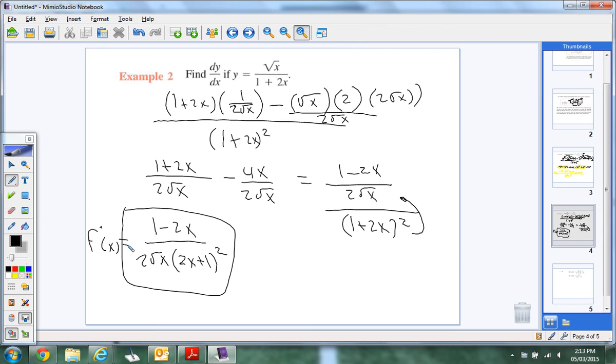Questions, concerns? What's up? I did it a different way. Instead of 1 over 2 root x, I did x to the power 1/2. Okay, so you changed this up here to x to the power 1/2?